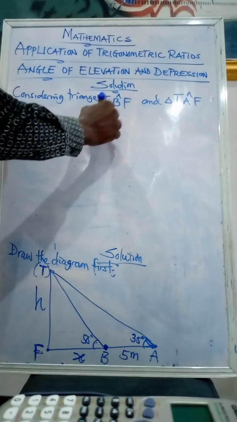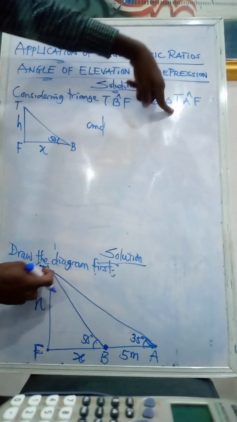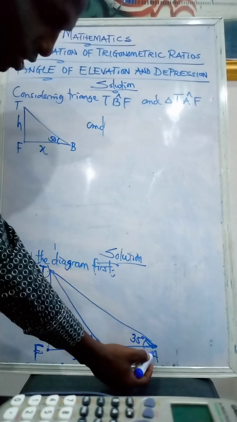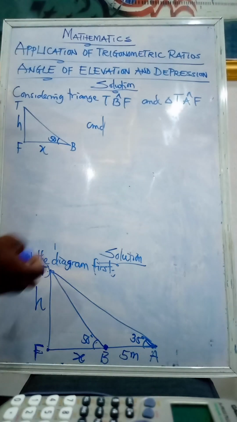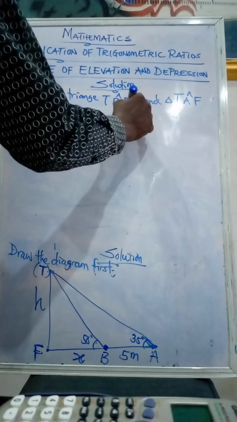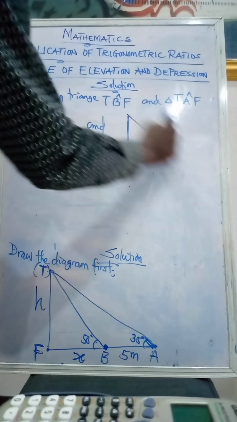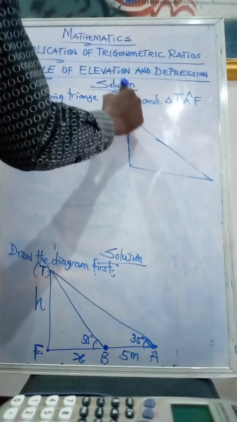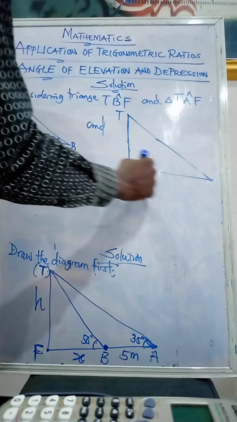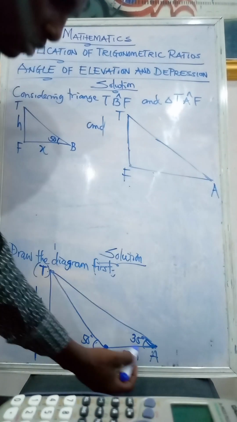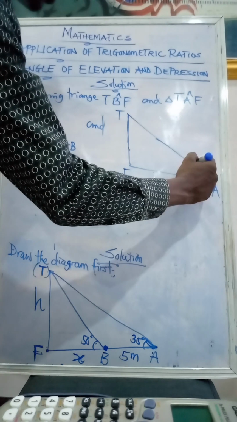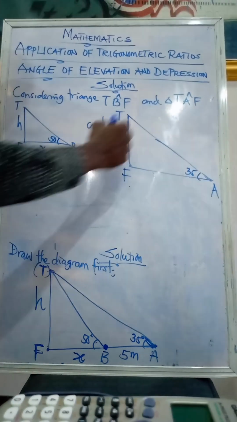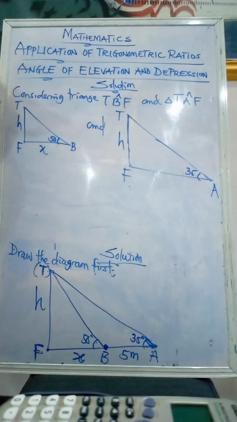Also, considering the bigger triangle TAF, you can draw that one here as well, the bigger one. This is T. Now, angle A is 35 degrees. This is height H from the diagram.